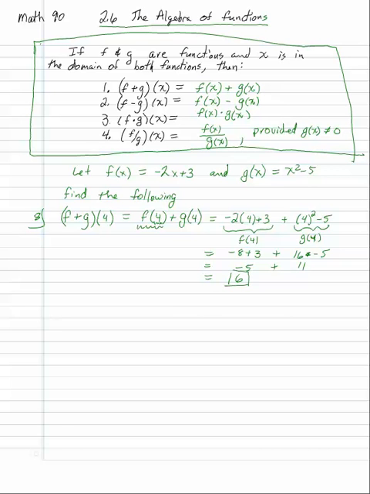So my answer is 6. So f of 4 plus g of 4, this is actually the way the book had it, but I want to emphasize the rule. Okay, so number 14, what's f divided by g of 3?